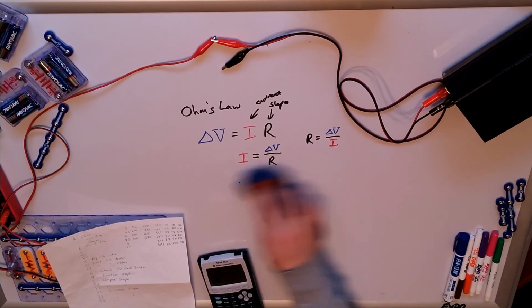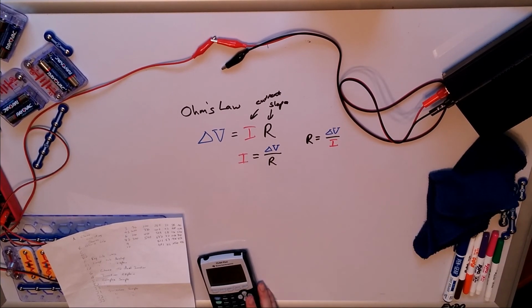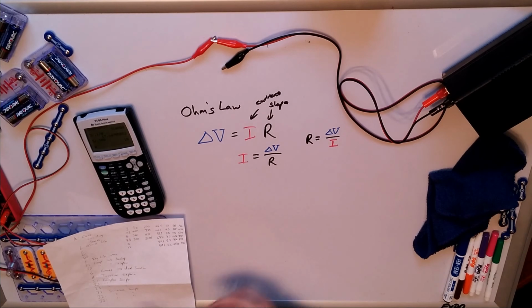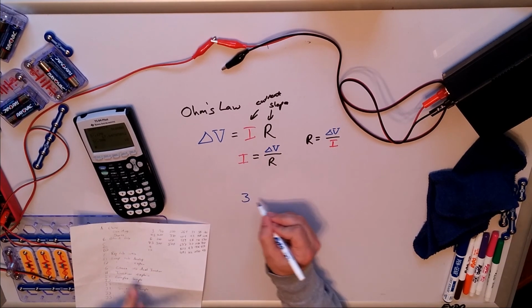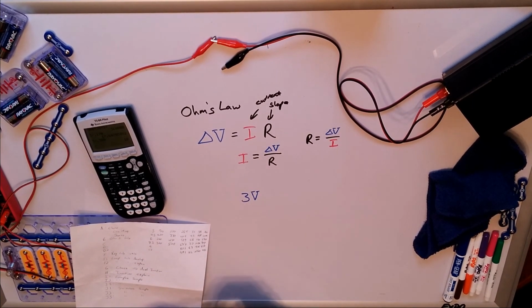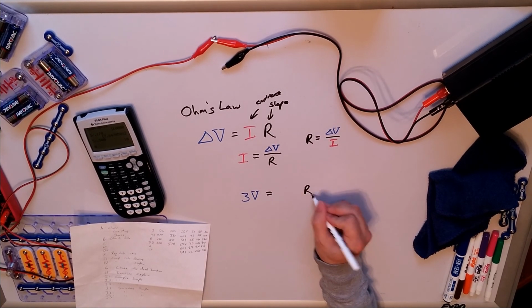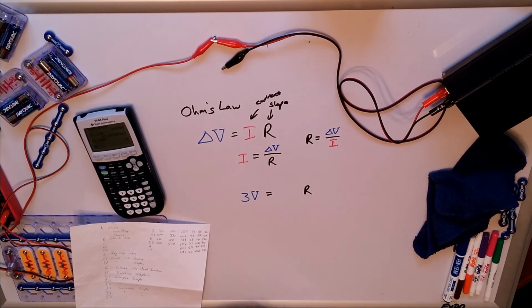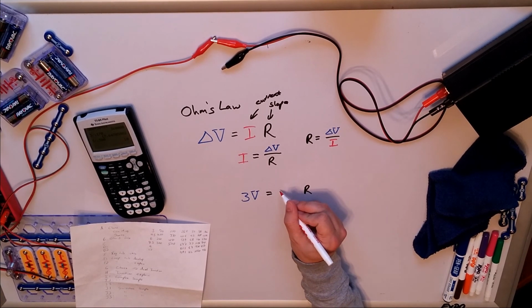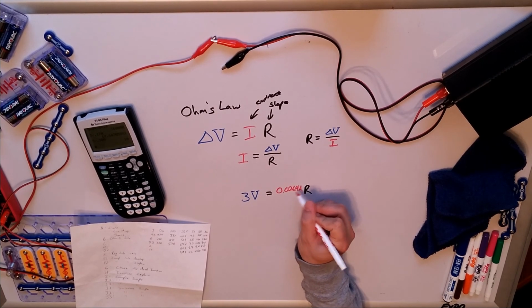All right, now that we've got that established, let's look at something that is an ohmic resistor. Let's take a look at, maybe, the 100 ohm resistor. So that's what it should be. We said that for a 3 volt supply, the 100 ohm resistor had a current of 26.4 milliamps, so that's 0.0264 amp.